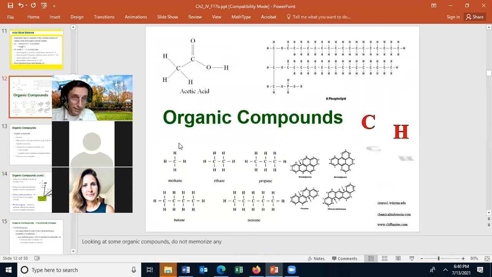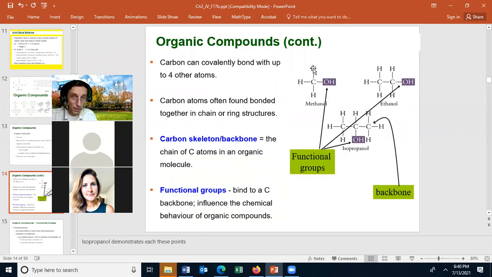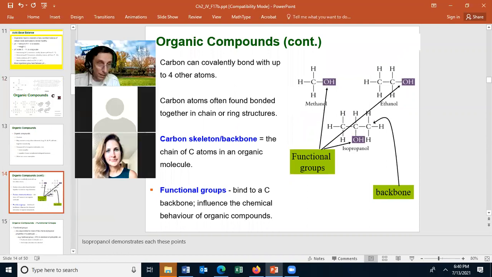For example, this is a gas. It does not dissolve in water. If you put on the OH group, making it methanol, this is now a liquid and it dissolves in water. Any question about that? So the functional groups influence the chemical behavior of organic compounds, and actually of any compounds.